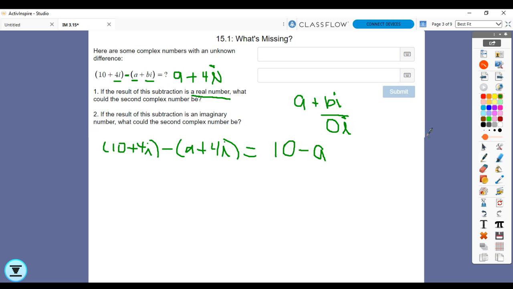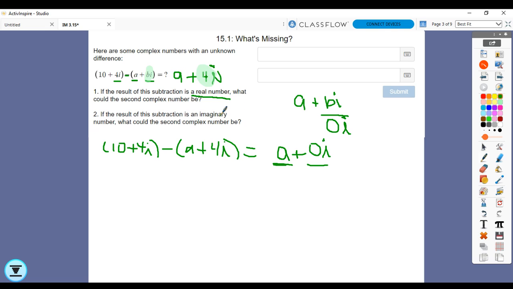You're just trying to decide, what do you put here that makes it 0 on this side? And maybe it would help to think of it as this needs to be some real number, it doesn't matter, plus 0i on this side. The imaginary part needs to be 0 for the answer to be a real number.